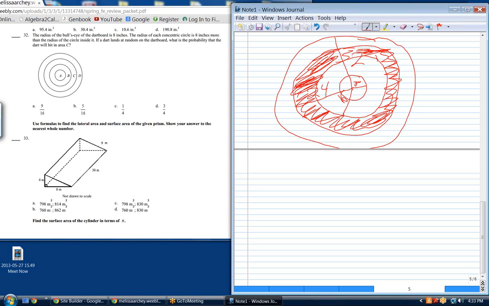The area of the shaded region is always the area of the outside circle minus the area of the white circle inside. So what's the area of the outside circle there?